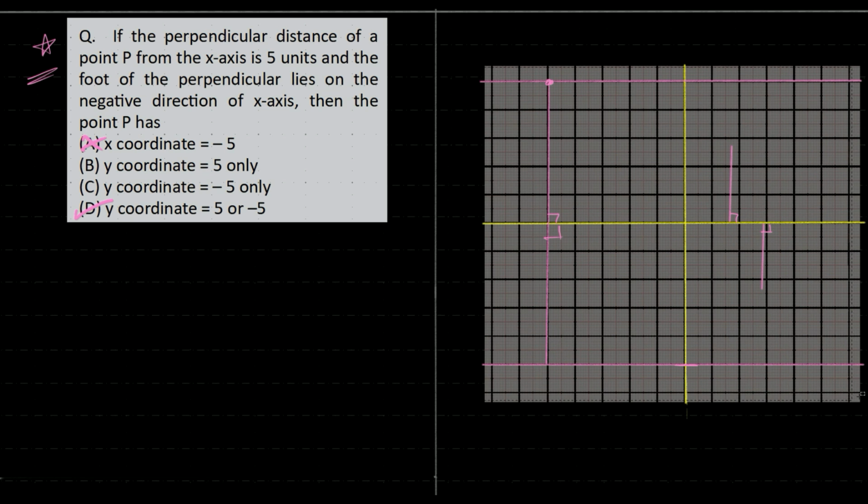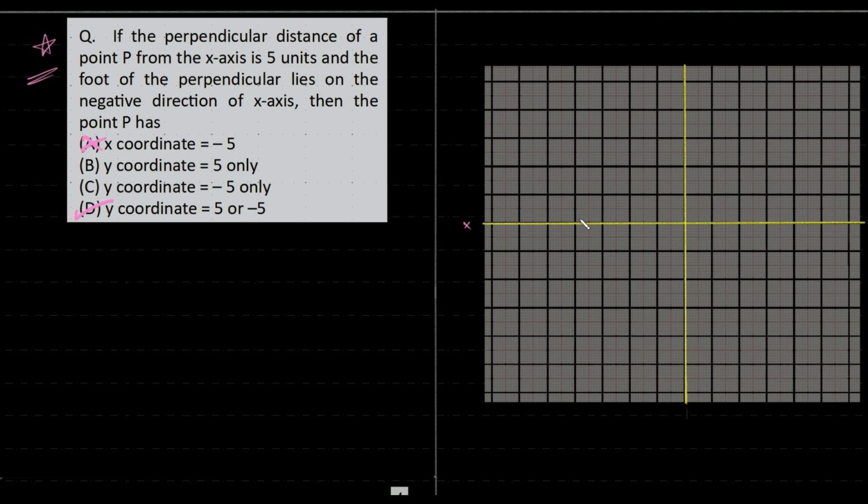Let me explain this again. The perpendicular distance of the point P from the x-axis. See, this is the x-axis. Agree? A perpendicular line will be something like this, or something like this; all of this is a possibility. Now the question is, the foot of the perpendicular line lies on the negative direction of the x-axis.